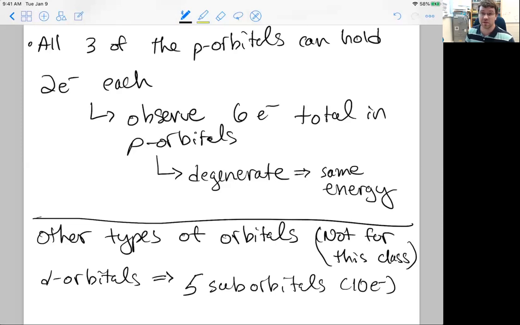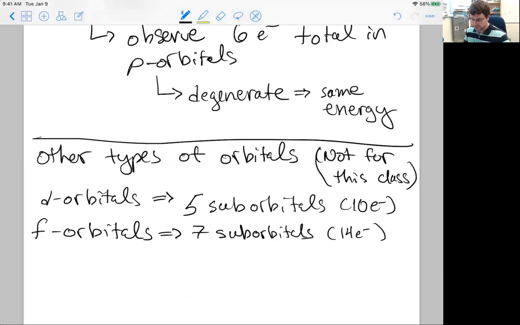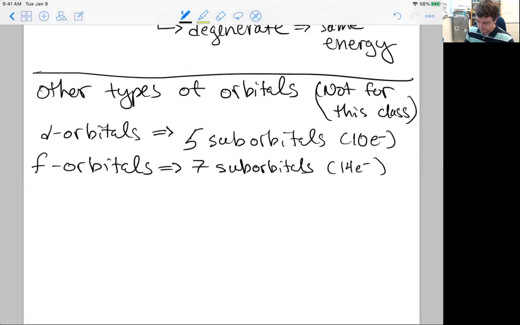Now, truly, d orbitals exist as 5 suborbitals, and the mathematics gets a little bit more complicated. Similarly, f orbitals also have suborbitals. They're made of 7 suborbitals. 14 electrons can exist in total in the f orbitals. Okay.